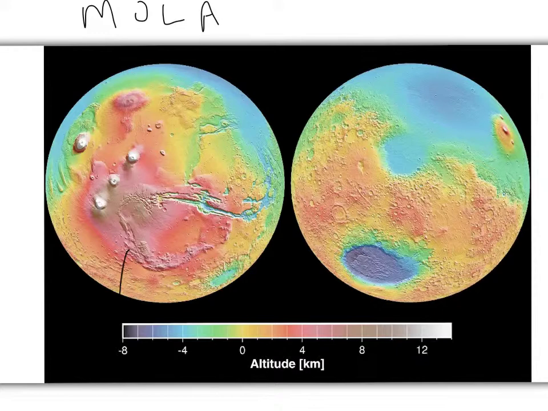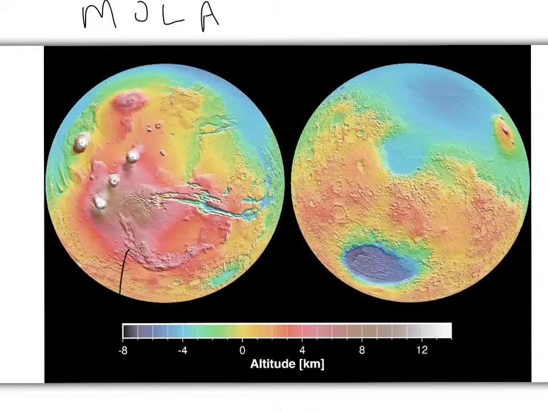What is being plotted here in the form of a map on a globe is essentially, I think, millions of data points. The Mars Global Surveyor mission was orbiting around Mars in a polar orbit so that it could cover the whole planet.